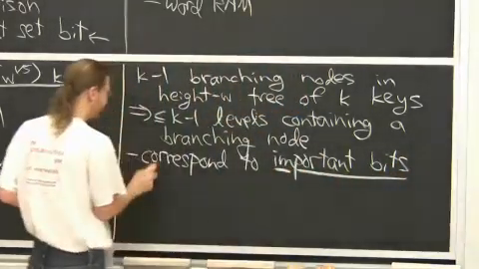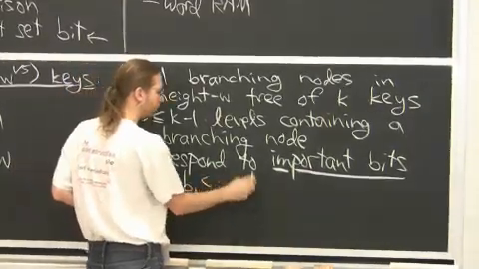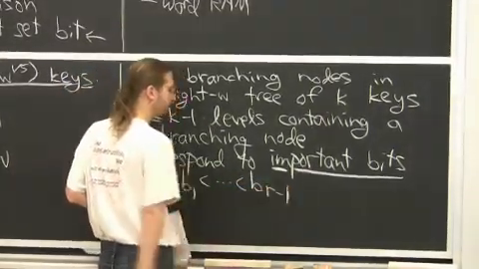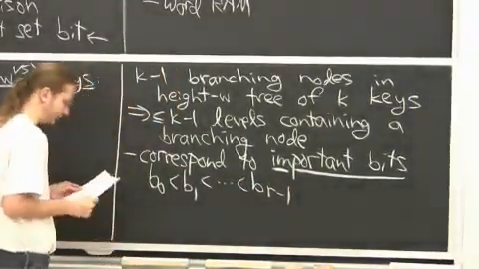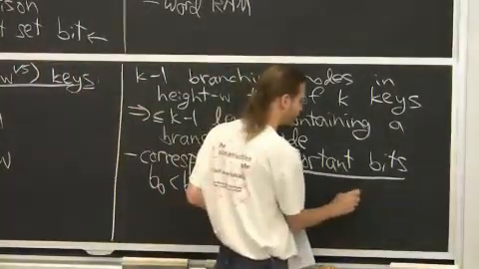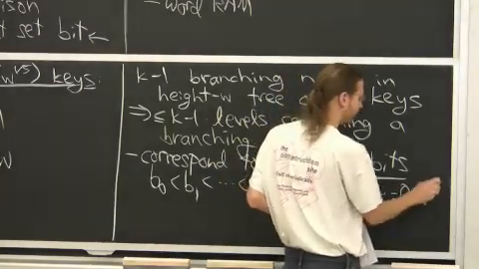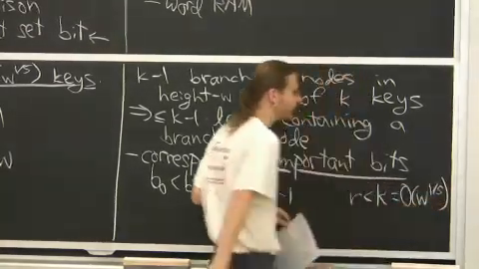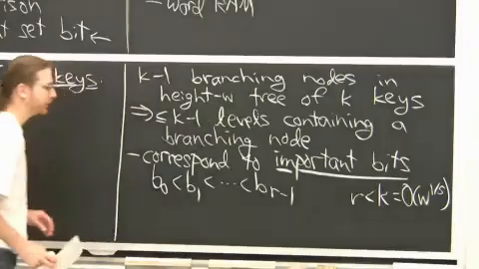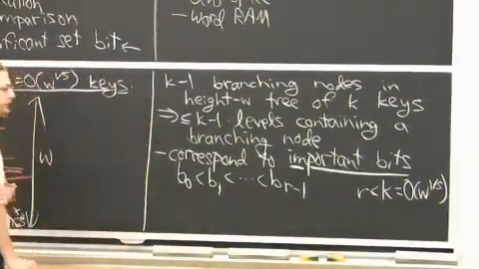And we're going to give these bits a name, B0, B1, up to B(r-1). Those are bit indices saying which bits we care about. And we know that r is less than k, and k is order w to the 1/5. So there are only w to the 1/5 important bits overall among these k keys.